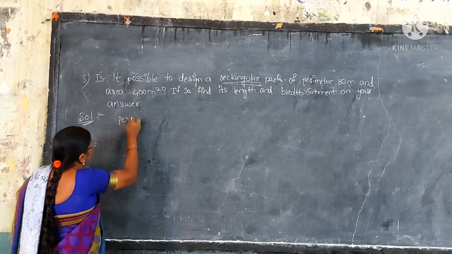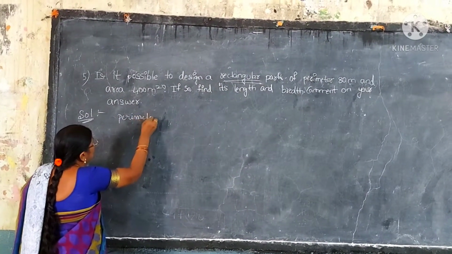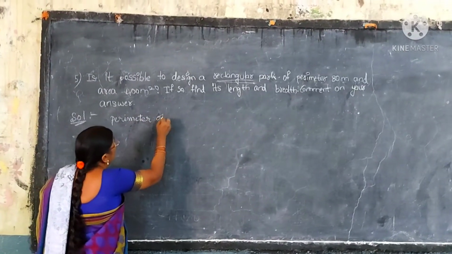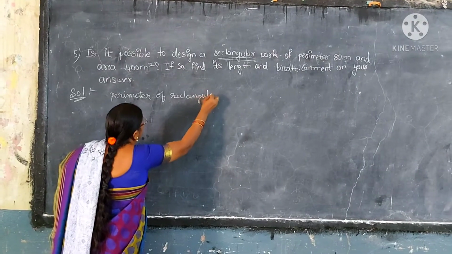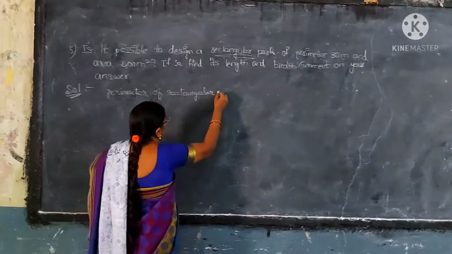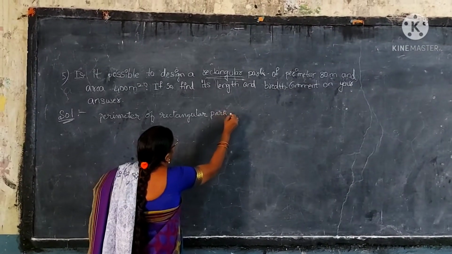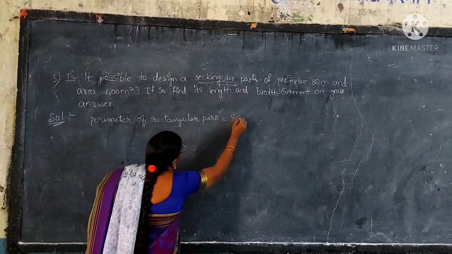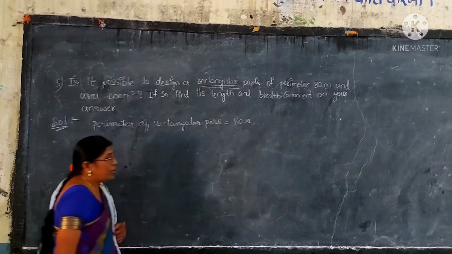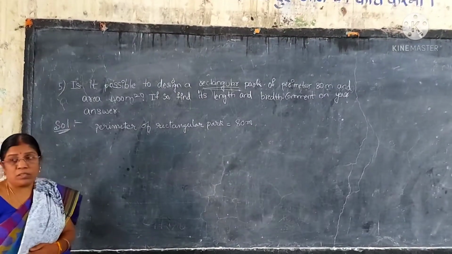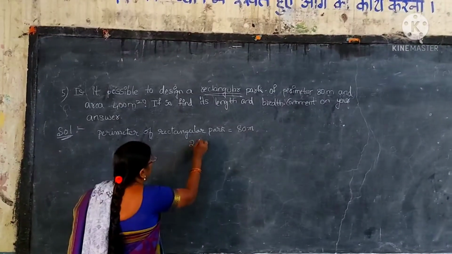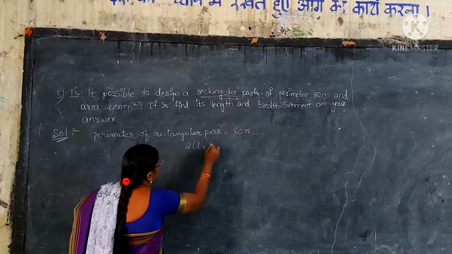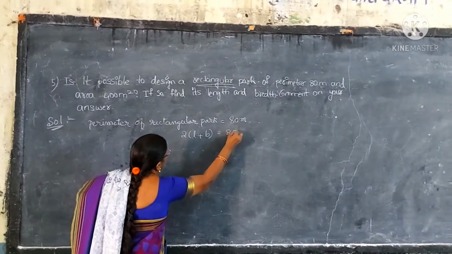Perimeter of rectangular park is given as 80 meters. Do you know what is the formula for this? 2 into (L plus B) is equal to 80 meters.